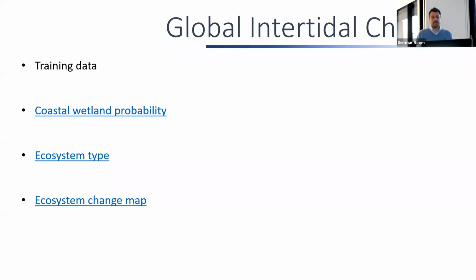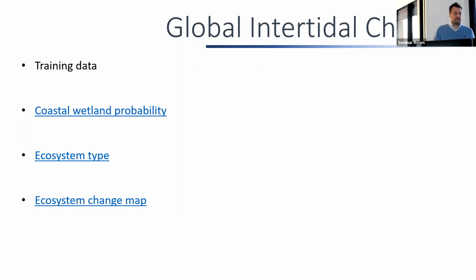The next step is to look at change. I think that was the key driver behind this paper. Rather than mapping the extent of the individual ecosystems, it was to look at where they've been lost or gained. And normally, the variation in the number of images per region and some limitations of remote sensing imagery can lead to year-on-year variation in the mapped extent being related more to model error rather than actual observed changes.